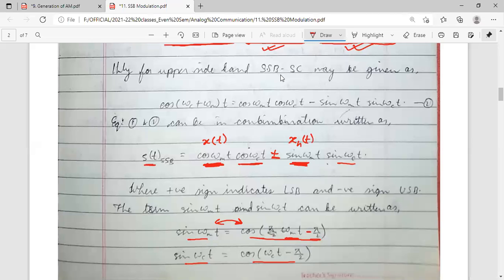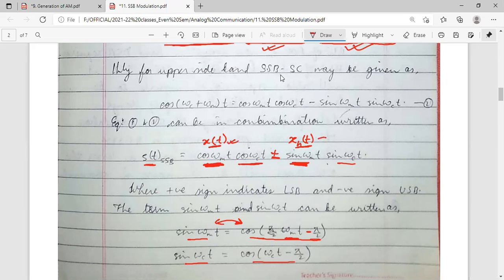I will tell you what this h represents. This cos omega mt phase shifted by 90 degrees is sin omega mt. So if xt is the modulating signal, then x of ht is the phase shifted version of this particular xt.